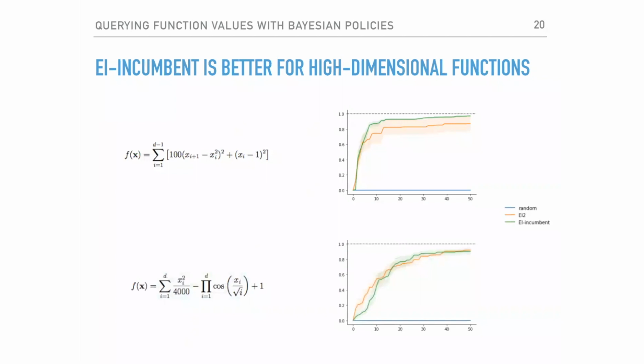So at this point, I think we've seen some evidence suggesting that the 2 policies that we have designed, EI2 and EI incumbent, are better than a naive benchmark of randomly sampling. And we have also gained an interesting insight that EI2 is better for one-dimensional objective functions, while EI incumbent is better for higher dimensional functions.